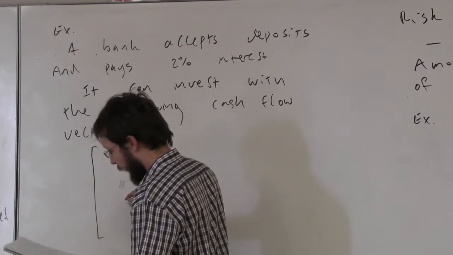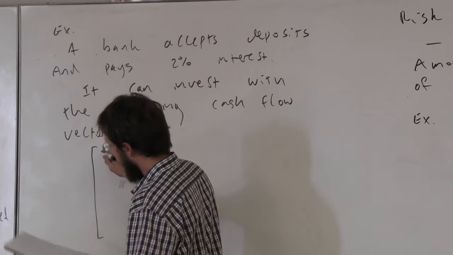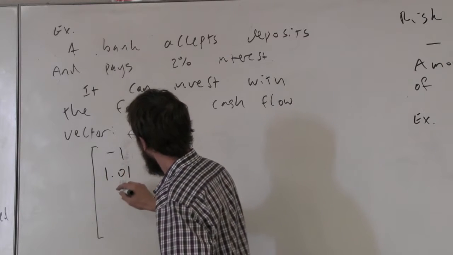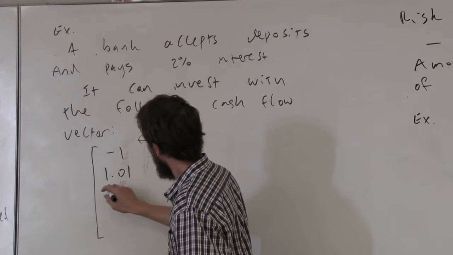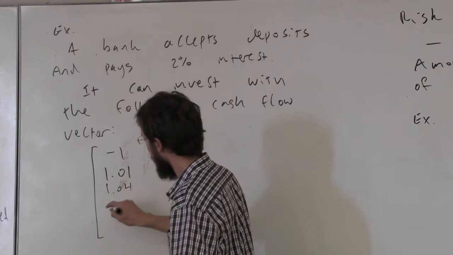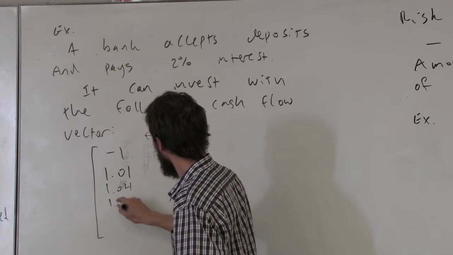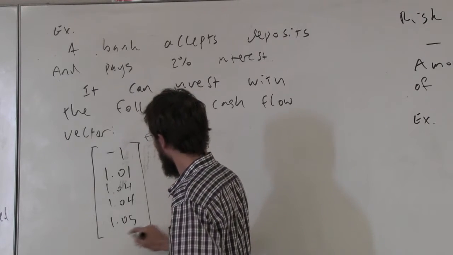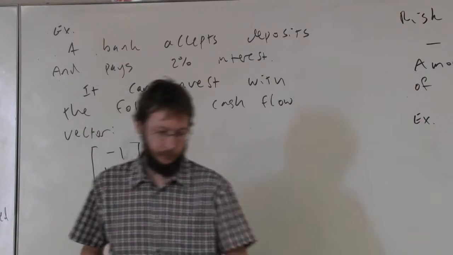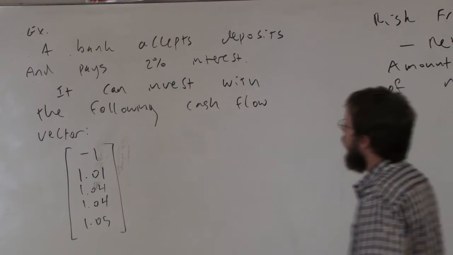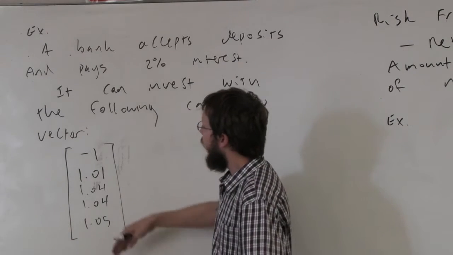So the bank can make money at a rate of, it spends $1 to invest, and then at time one, that money is now worth $1.01, $1.04, $1.04, or $1.05. So this is what the bank's going to make.